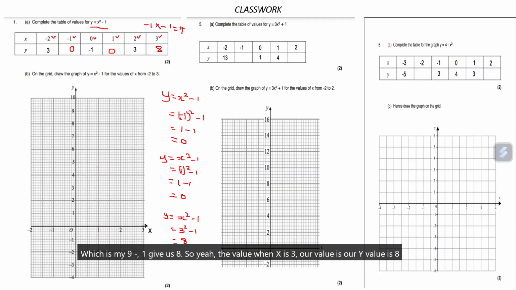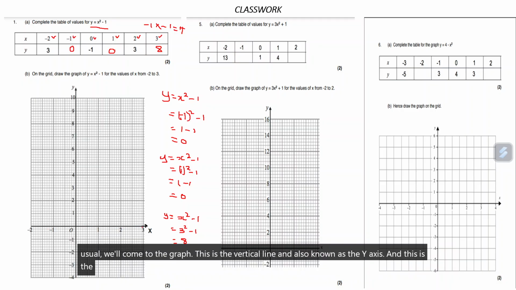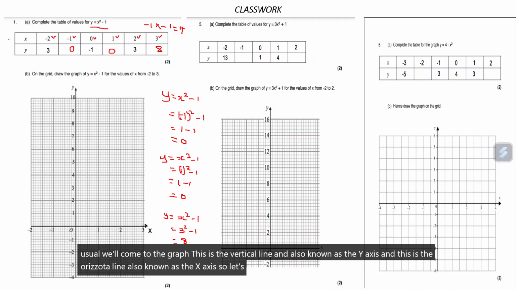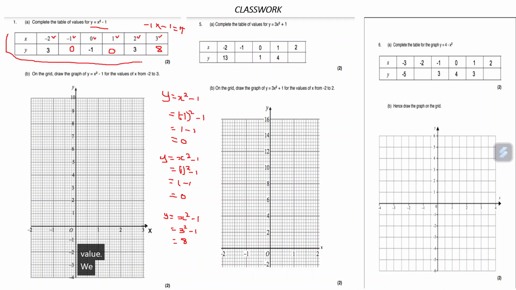Then as usual, we'll come to the graph. This is the vertical line, also known as the y-axis, and this is the horizontal line, also known as the x-axis. So let's plot. We are working with our table of values.